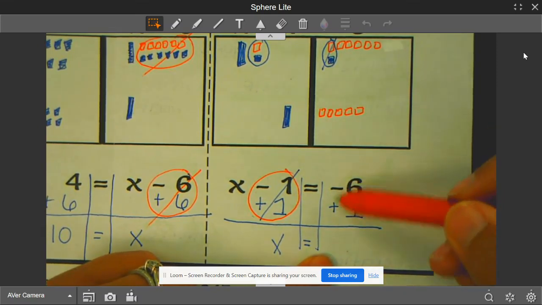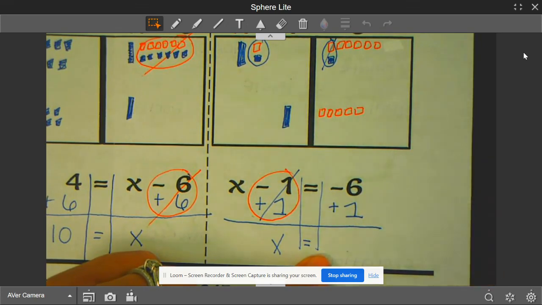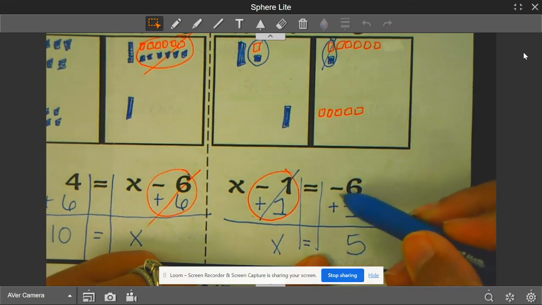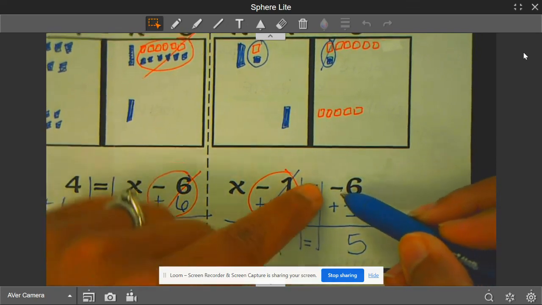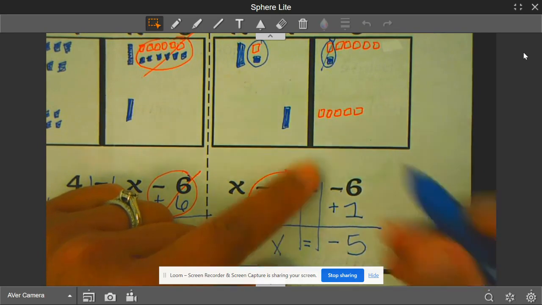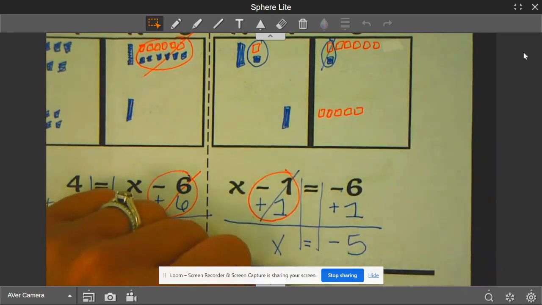So these are different signs. So different signs subtract and keep the sign of the one with more. There are more negatives, so I end up with -5, just like above, -5.